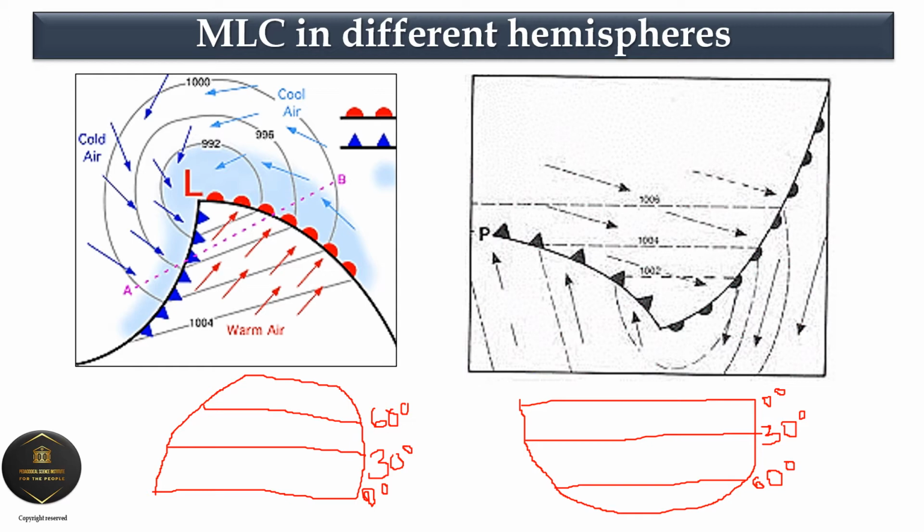You'll remember that we have air of different moisture and heat in the distinct hemisphere. So we know that at the 30-degree line, we have our westerly wind belt.